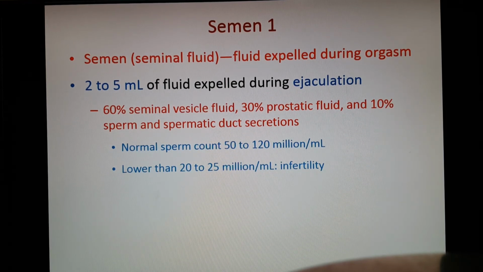So in order for them to survive all the way on the journey towards the egg, they have to go through an acidic environment inside the vagina. And then there's the mucus that surrounds the cervix. And then they actually have to get into the uterus. And then once they get into the uterus, they get hit with white blood cells.